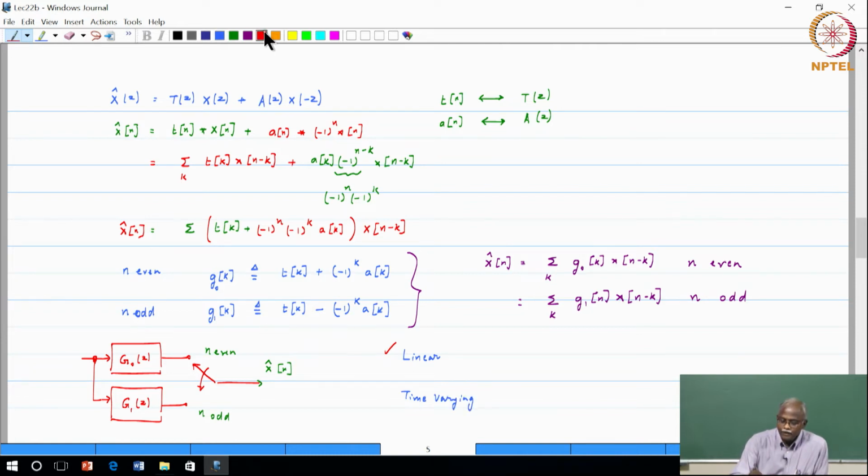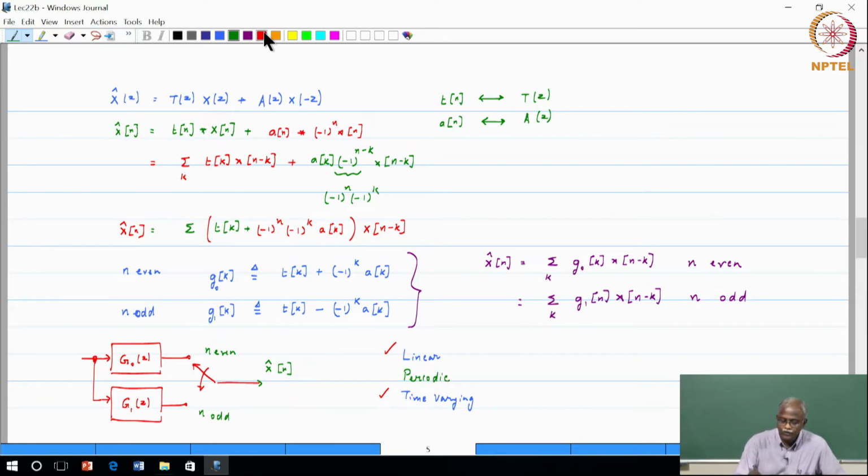There is one more element which is important in the time varying aspect. Time varying just says that at every instant of time it is a different impulse response, but this one does not have a different impulse response for every instant of time, it is actually a periodic variation. So there is a third element, which is that the impulse response is periodic.